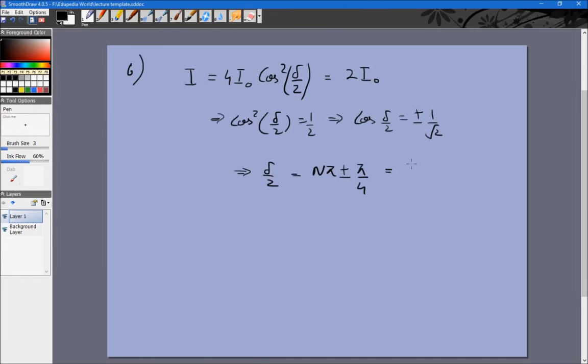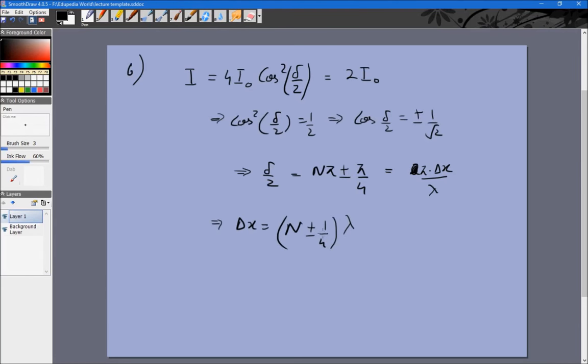But what is delta by 2? We know delta is 2 pi times delta x by lambda. So this divided by 2 means delta x times pi by lambda, which gives us delta x is equal to this into lambda by pi, so n plus minus 1 by 4 lambda.